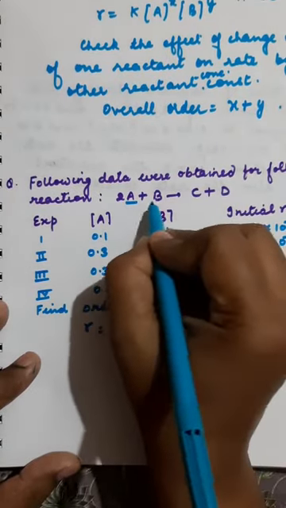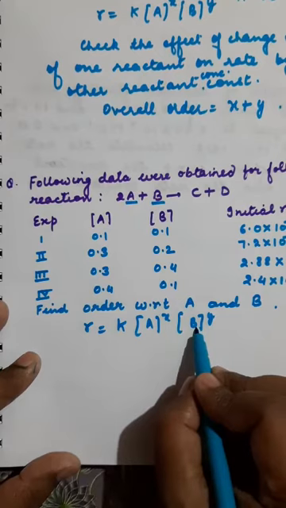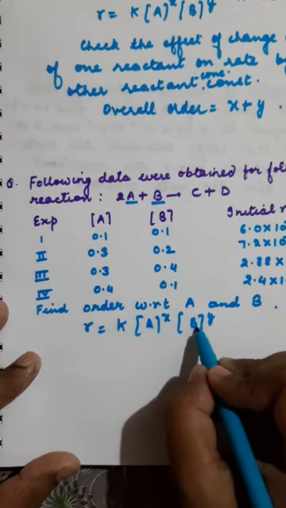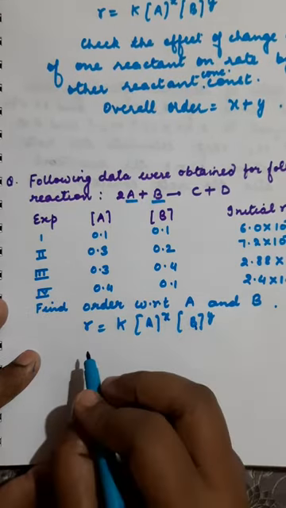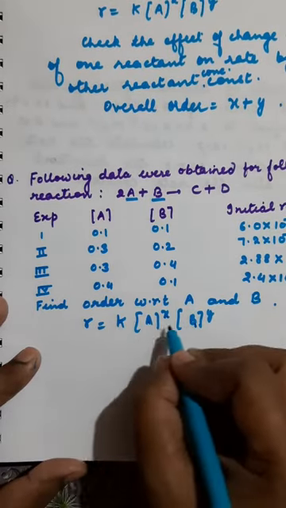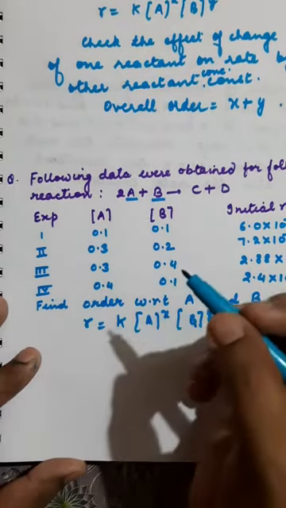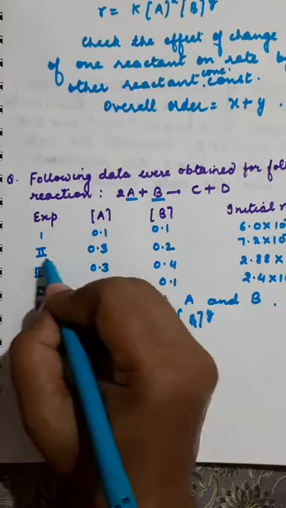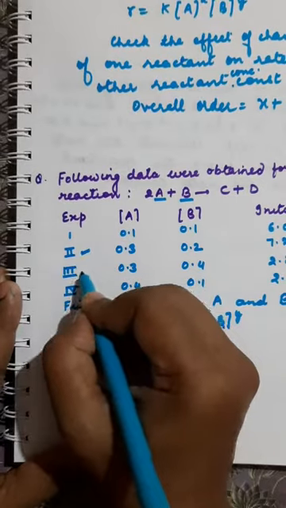Here we have taken two reactants, A and B. Suppose the order with respect to A is X, and the order with respect to B is Y. We'll find the order with respect to each. Now suppose we will take two experiments in which the concentration of one of these is the same. Suppose we are taking experiment second and third.